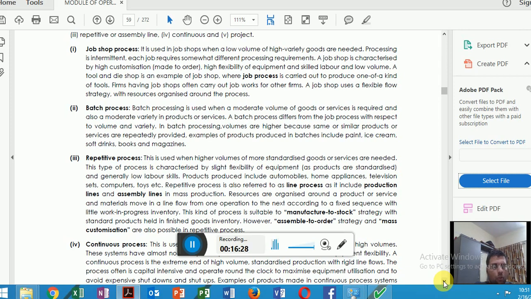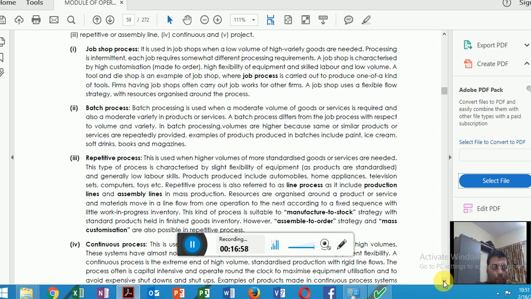Okay, so after this, the second one is the batch process. As the name indicates, here the products which are produced are more than one. You can take as an example 5 to 10 products in a particular batch. So the number of quantities is more if we compare it with the job shop process.